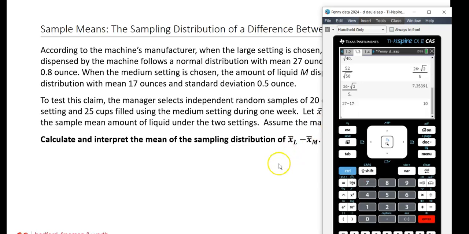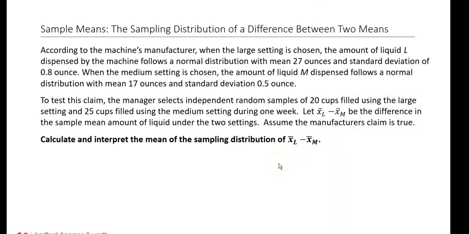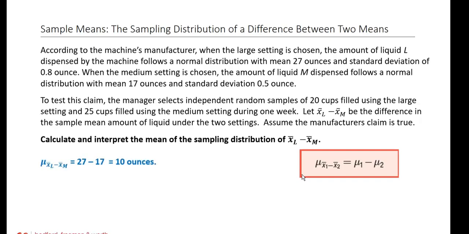So it's a mean of 10. If we take all possible samples of size 20 in the large setting and all possible samples of size 25 in the medium setting, and we find the mean difference of the large minus the medium, the average will be 10. Let's see what it says.